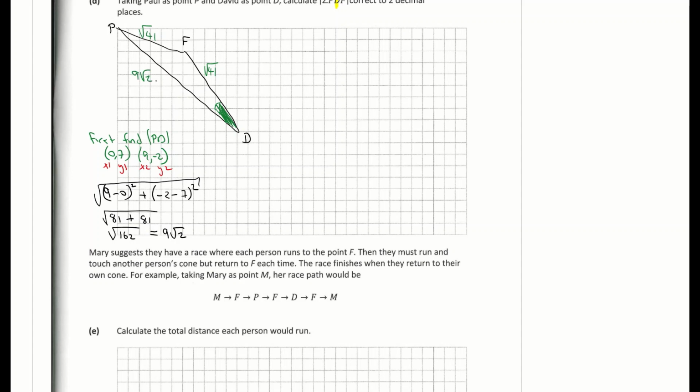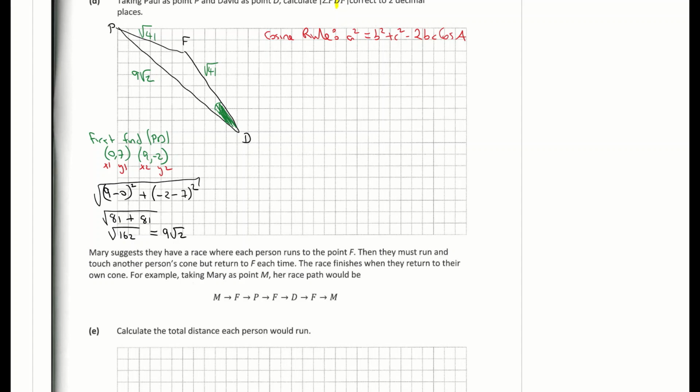Okay, so I have 3 sides to my triangle, so now I can use my cosine rule to help me find the size of that missing angle PDF. So cosine rule now. Once again, from our log tables, our formula is a squared equals b squared plus c squared minus 2bc cos A. Just make sure that the A's correspond.